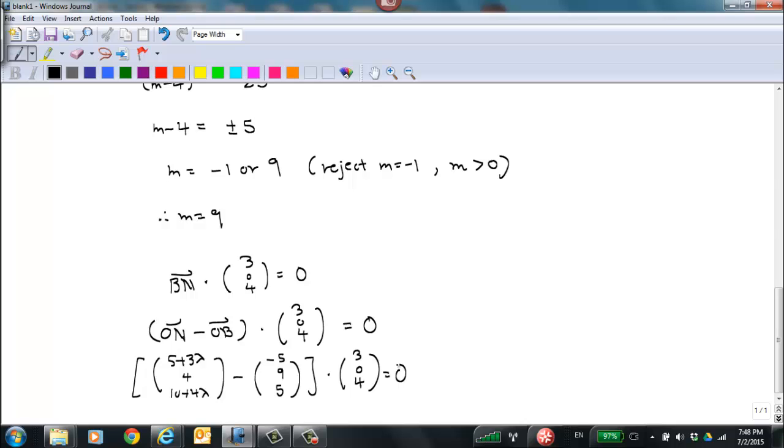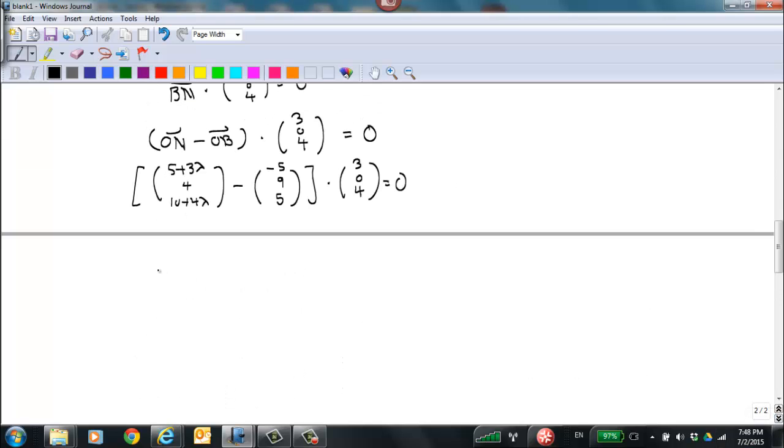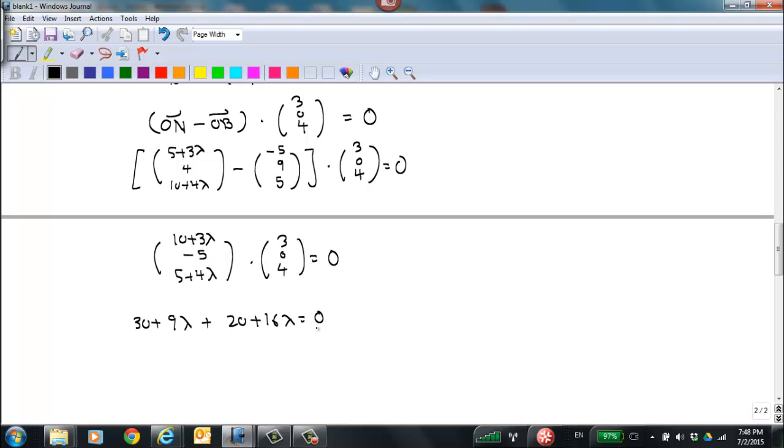So from here, we will be able to get this expression, which will lead to 25 lambda equals -50, lambda equals -2.